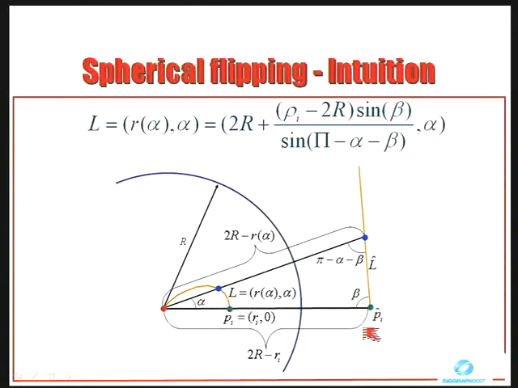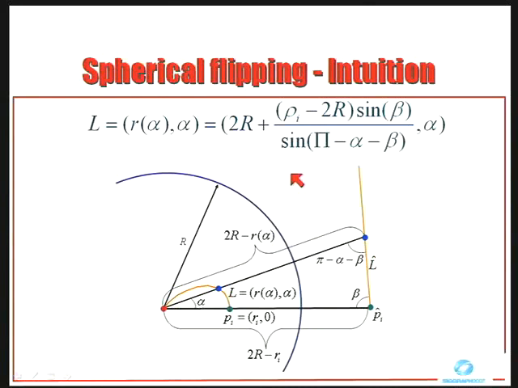So we're looking at points pi hat and at a line L hat that passes through this point and creates an angle beta with the x-axis. We'd like to find the source of this line, that is, the curve that is transformed using spherical flipping to this line. It turns out that this curve, L, can be described by this formula.